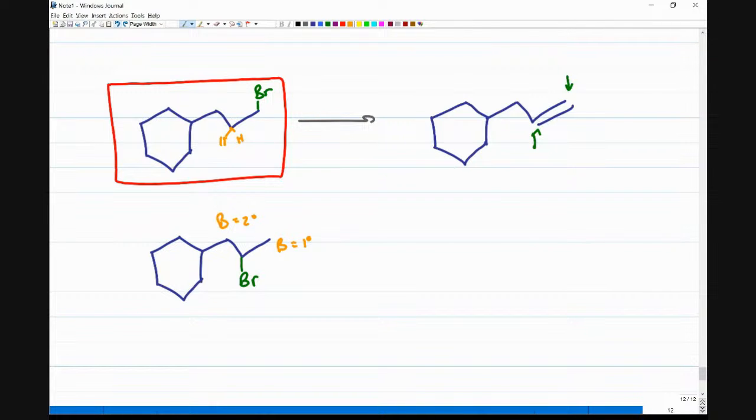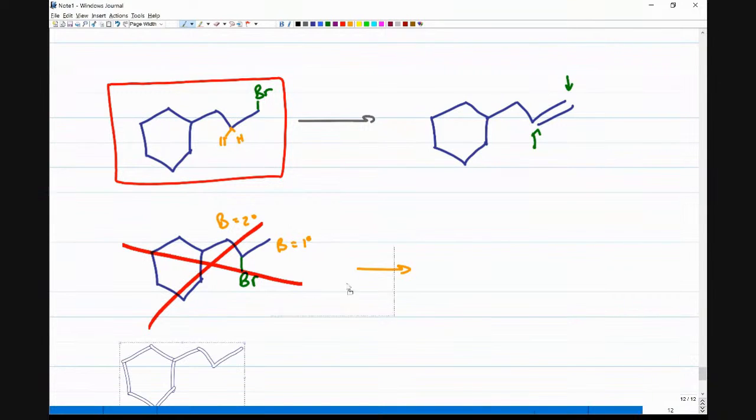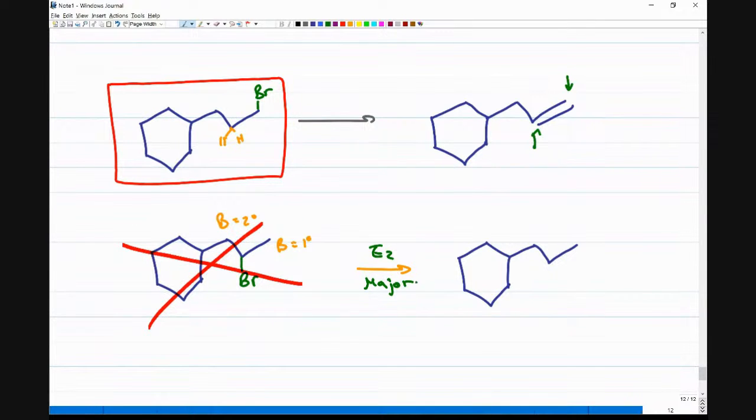Otherwise, I would have gotten a different product. So I'm going to cross this out, but I'm going to leave it on the screen because I want you to see what would have happened if I did this. This would have given me, with an E2 reaction, E2 major, a product that looks like this, and this is not what I have.